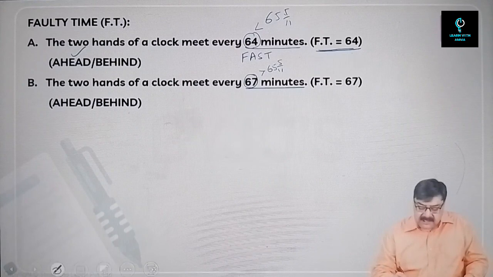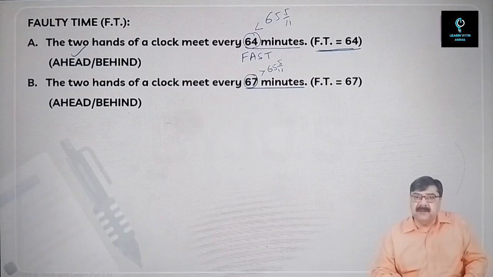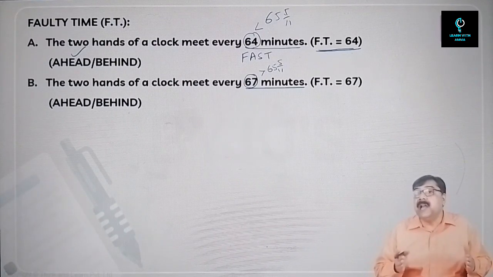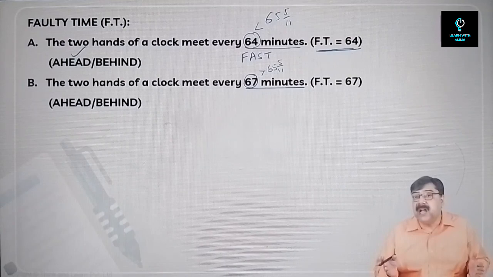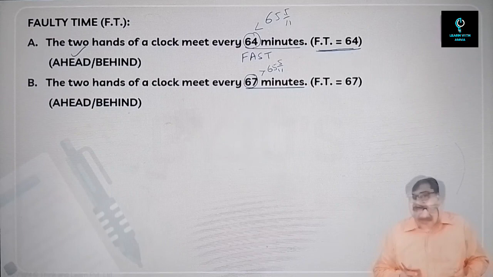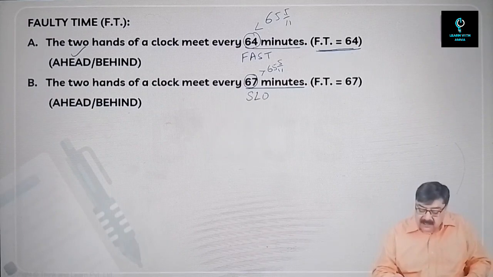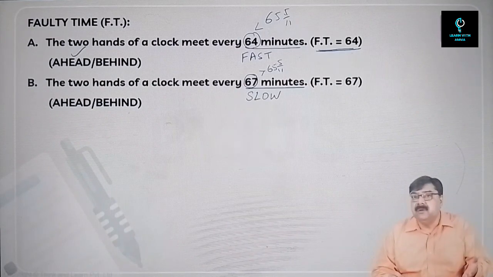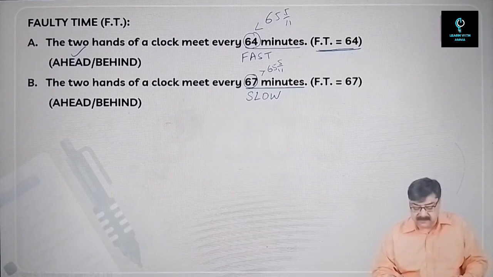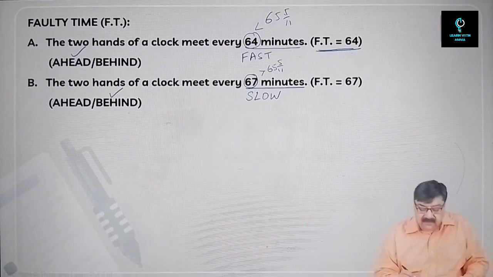So as 67 is greater than 65 5/11 minutes, that means more time has been taken by the two hands of a clock to coincide. In such a case, the clock is going to be slow. It is taking more time to cover the same distance. So hence, this clock will remain behind the actual time.